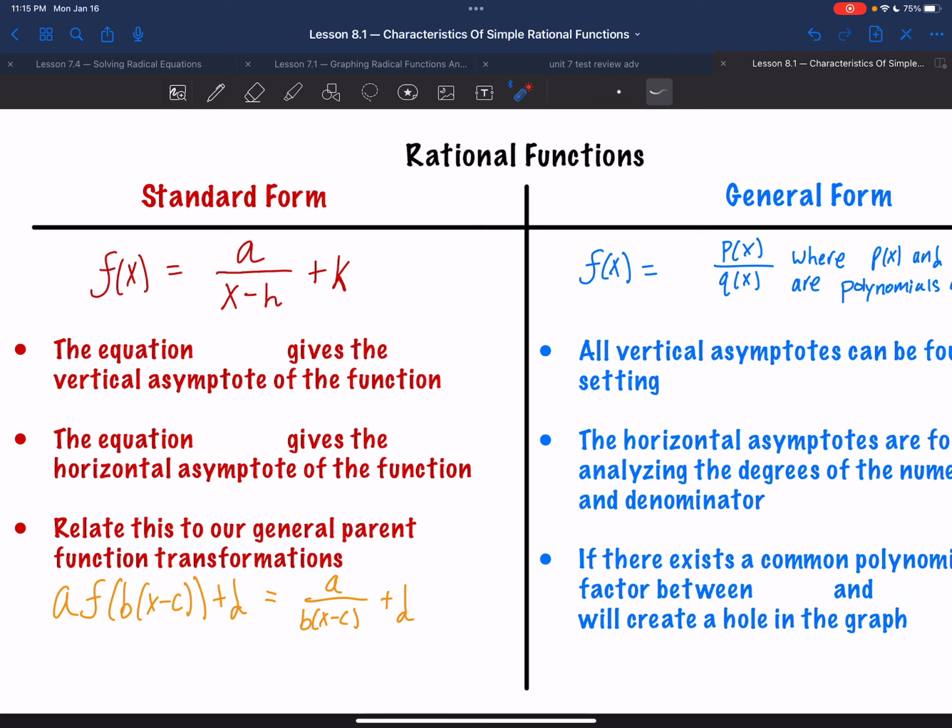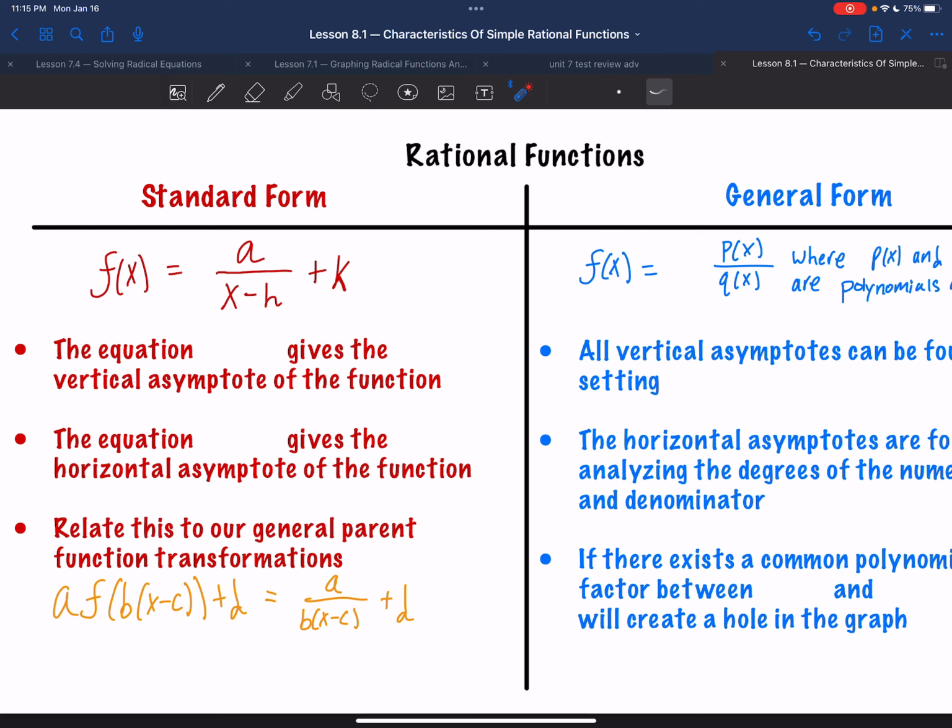Let's say I had 1 over 1/2 x. Well, I could take that 1/2 x in the bottom and move that 1/2 up and make it a 2 instead. That way it's just 2 over x. So your a value kind of covers the base for a and b. You don't really need to write it with the b value.